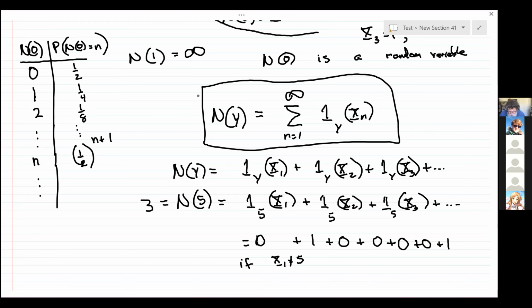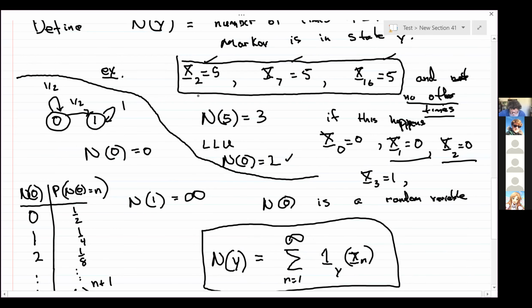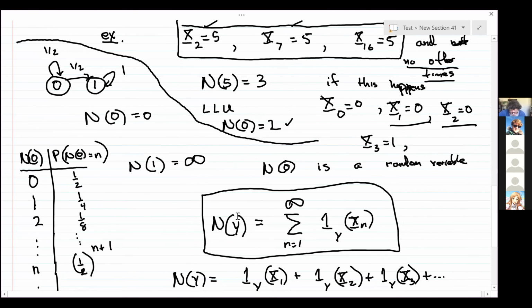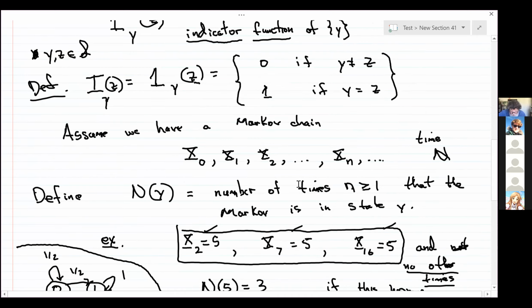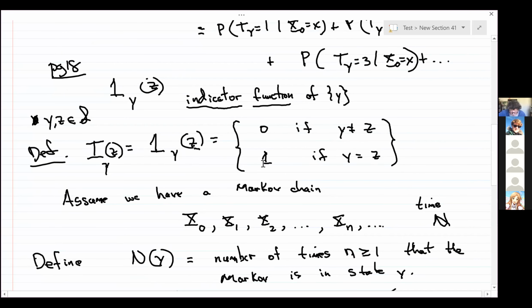It's knee notation. So if you're a little off balance with it, I hope this example makes some sense of it. Each of these are the real simple guys, because the indicator functions are just two values. They're 0 and 1. So if you want to think of it as a random variable, they only take two values.